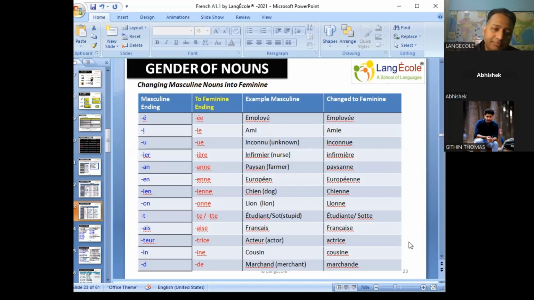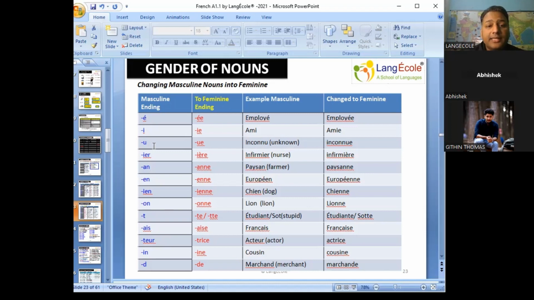Then there are some where you have endings, by which you can define if it is masculine or feminine. And there are some where you change the endings to make it from masculine to feminine. So these are the major rules for how you can find out the gender of nouns, or change the gender of nouns.